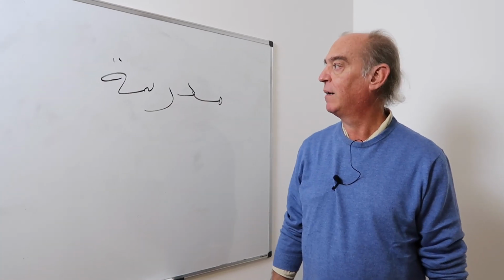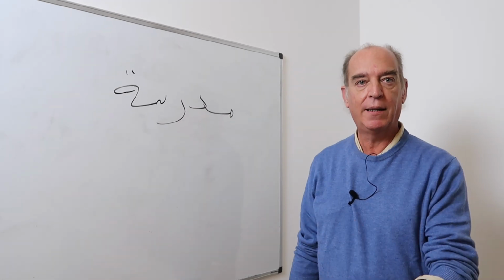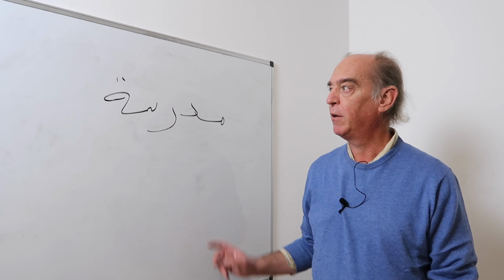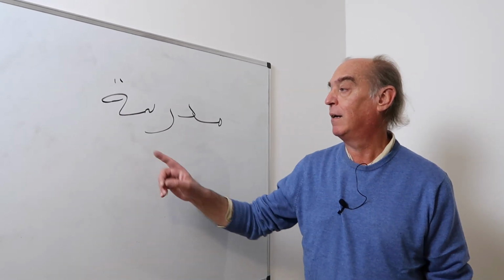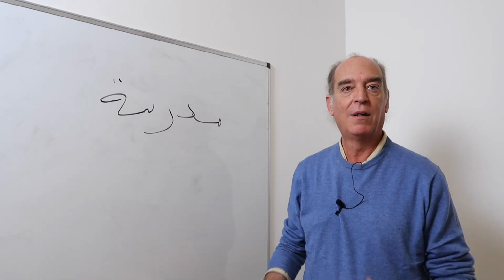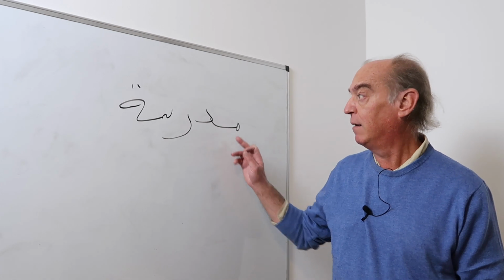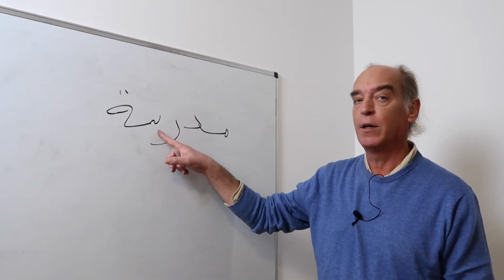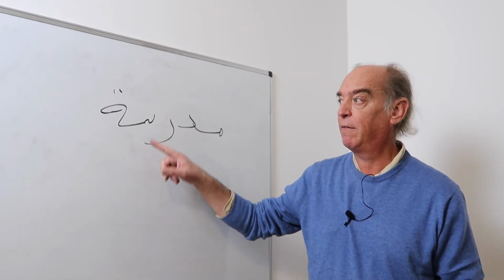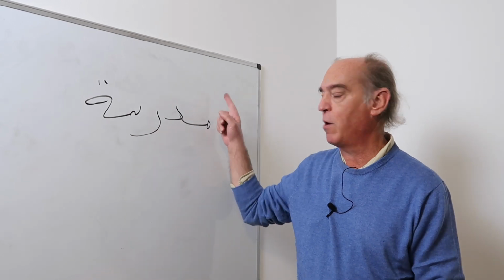In an Arabic country, if the teacher gives you a text and tells you to read, he will leave you 2 or 3 minutes to read some words and try to understand what kind of text you are in, because you don't see vowels. If the text begins with these words, you cannot know if it's madrasa or mudarrisa. So you have to see what's written afterwards in order to come back and say, no, it's mudarrisa.